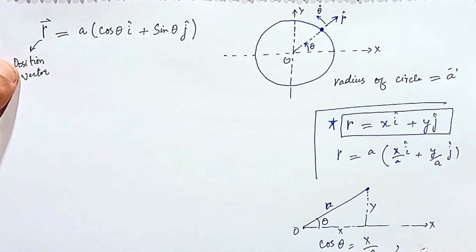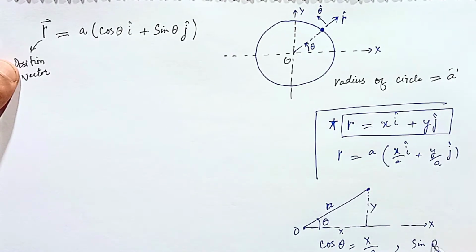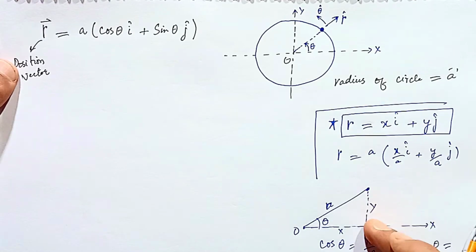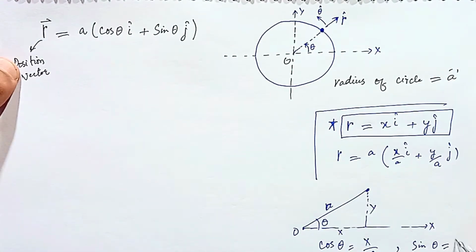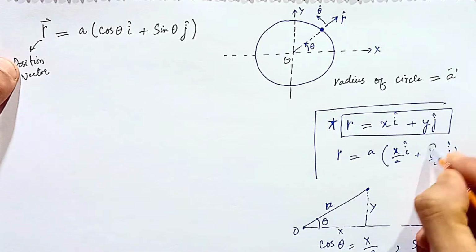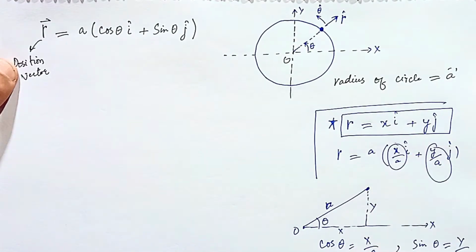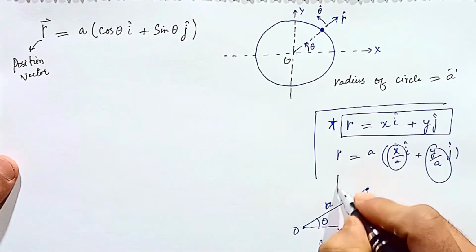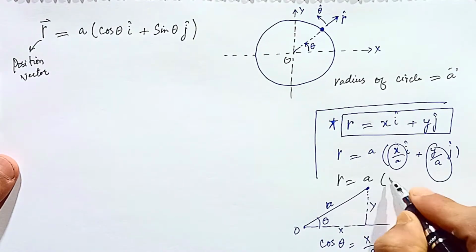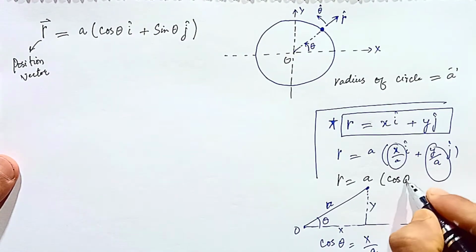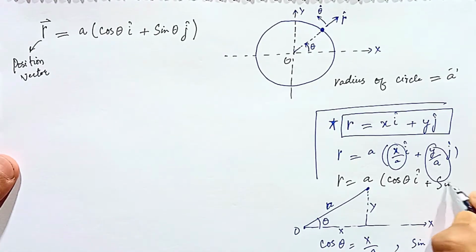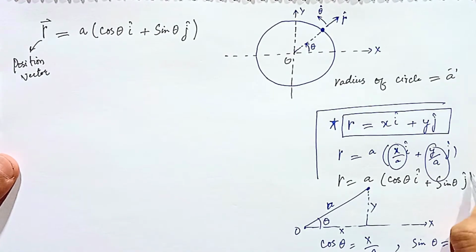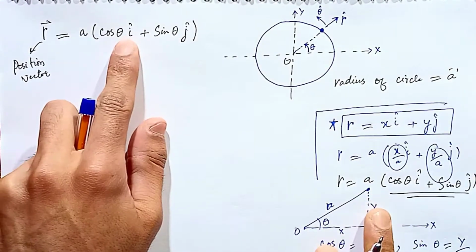And sine of theta will be equal to perpendicular, that is y, divided by hypotenuse, that is y by a. So y by a is sine and x by a is cosine. So r will be equal to a times cosine of theta i plus sine of theta along the y-axis. That is what I have written here.